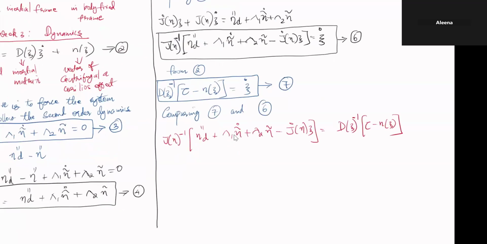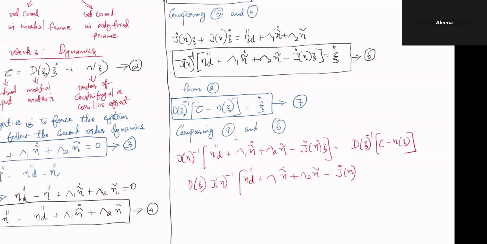All right, so from here, we have to find out this vector tau. That is your control input, right? So from this equation, you have to find the expression for this tau, which would be your control input. So again, on further rearrangement, it would be something like D of zeta, J of eta inverse, eta desired double dot plus lambda 1 eta tilde dot plus lambda 2 eta tilde minus J dot of eta.